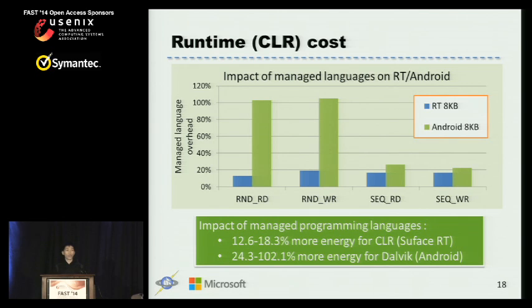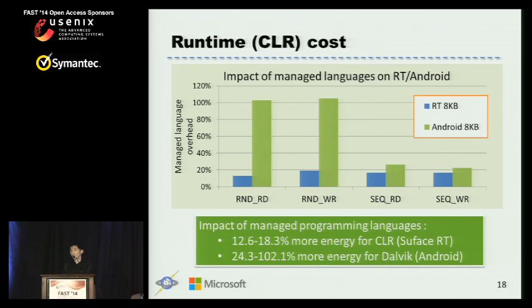That is the Java for Android platform and C# for Windows platforms. And after that, we have a counterpart written in the native language like C and C++, and we are also using the native APIs. So the y-axis in this graph is how much more energy you need to pay if you choose to use the managed languages over the native APIs.